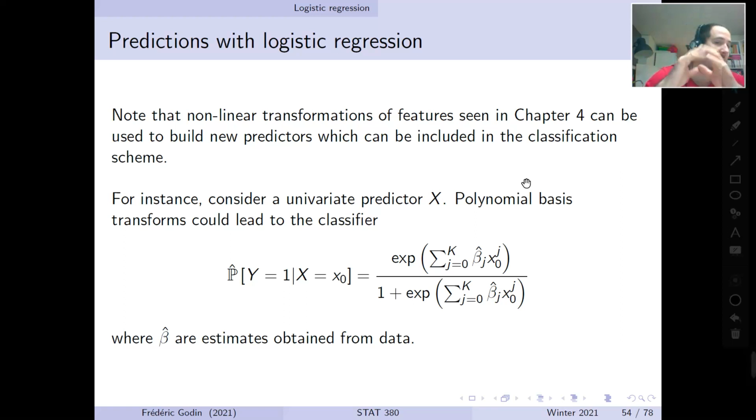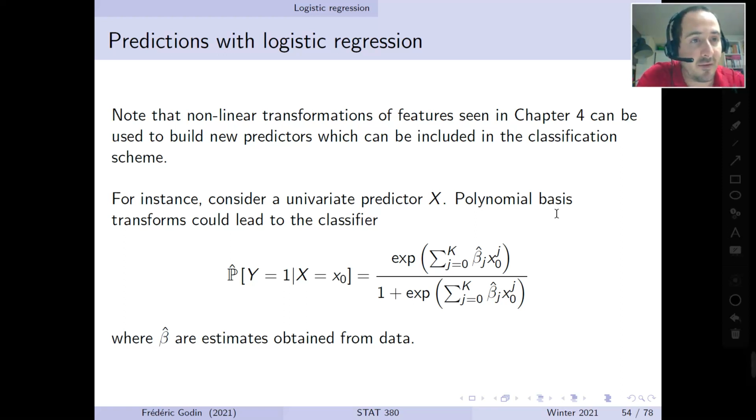Once again, if we have predictors x, we can take their powers, or trigonometric expressions or other transformations of these variables, so as to obtain new predictors and provide more flexibility within the model. For example, you could have some form of polynomial logistic regression where, say, you have a single original predictor x, and you construct new predictors by considering 1, x to the power 1, x to the power 2, x to the power 3, etc., until x to the power k.